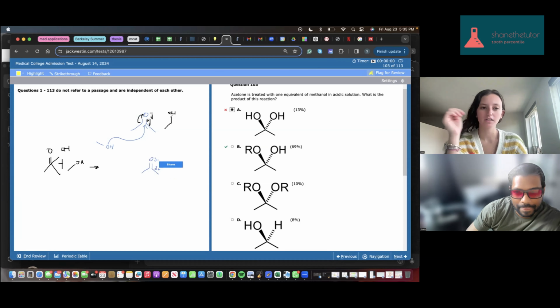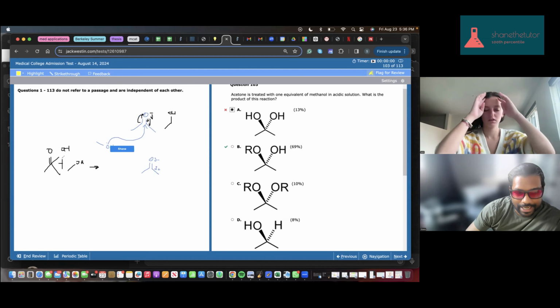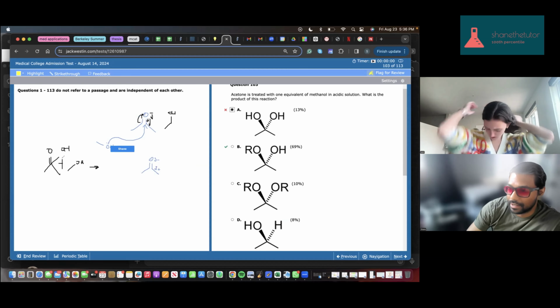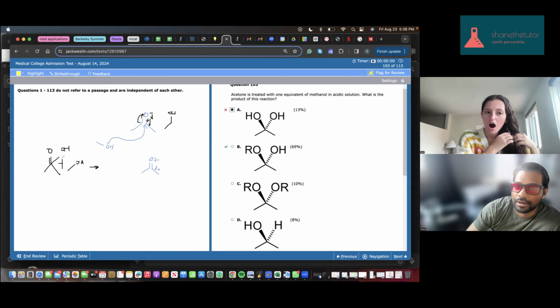But if it attacks it, doesn't it become more partially positive because it's now another oxygen that's attacking it? Well, that other oxygen attacking it is donating an electron pair.